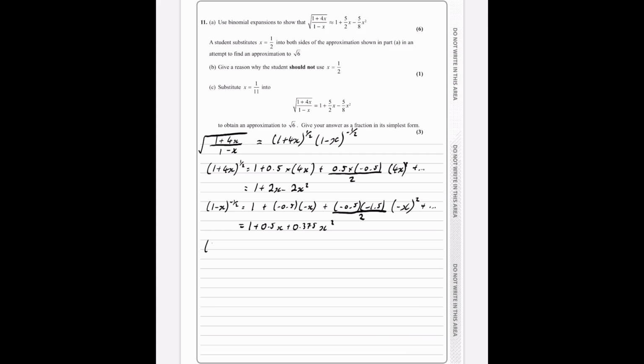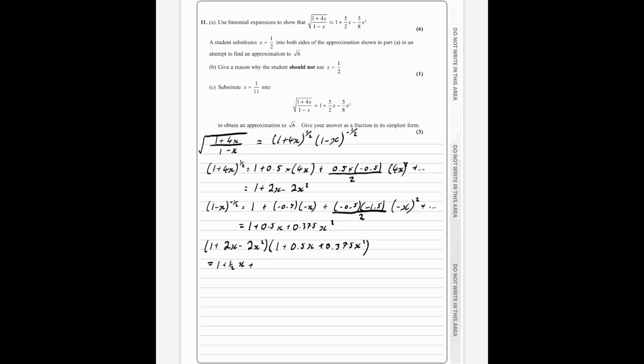Okay, next we want to multiply our two expansions together. So 1 plus 2x minus 2x squared multiplied by 1 plus 0.5x plus 0.375x squared. And again, when carrying out this expansion, there's a lot of parts of it which will end up with powers of x that are larger than 2.